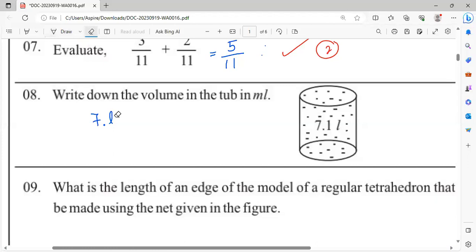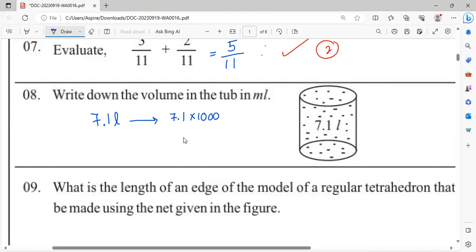Then we have to convert it into milliliters. Then how do we convert it into milliliters? We have to multiply 7.1 by 1000.